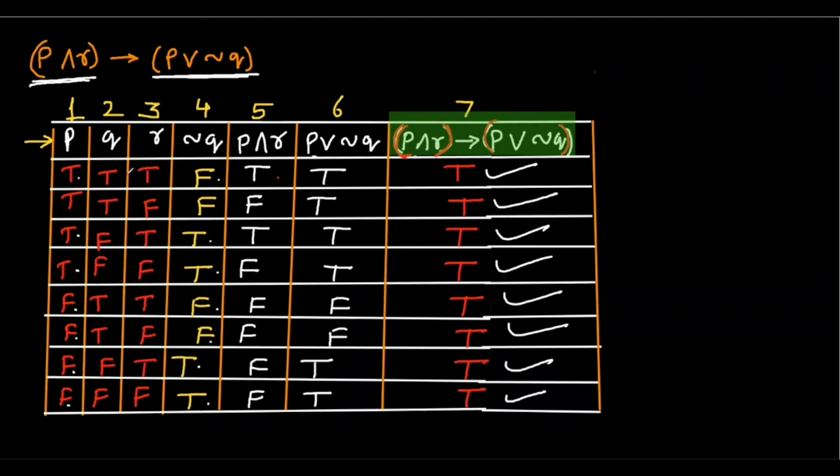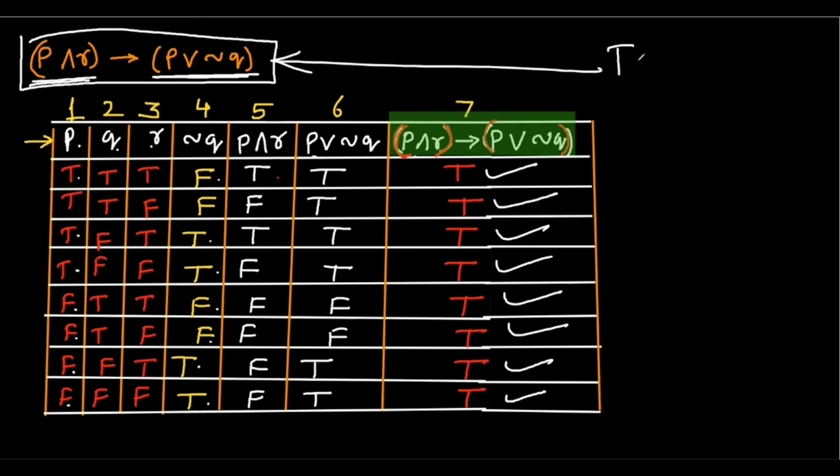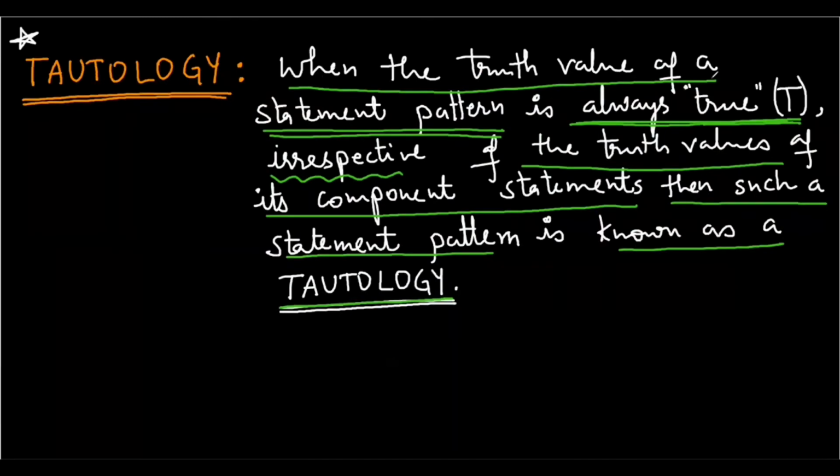It is always true, irrespective of the truth values of P, Q, and R. So we say that this is a tautology. This is the definition: when the truth value of a statement pattern is always true, irrespective of the truth values of its component statements, it is known as a tautology.